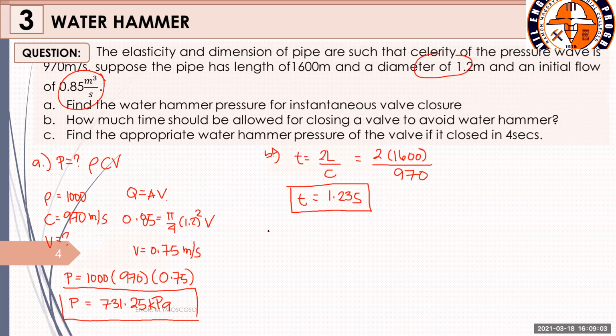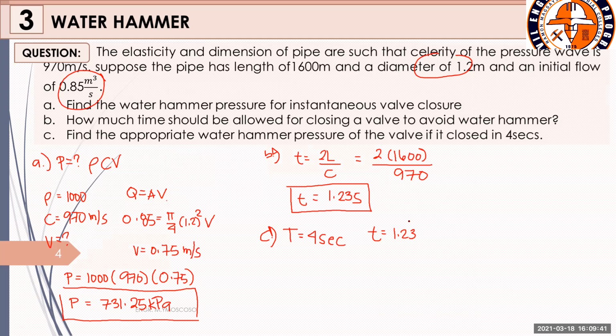Okay, so for letter C, ano meron dito? Find the appropriate water hammer pressure of the valve if it closes in 4 seconds. So nagbigay siya ng condition na yung valve daw niya is nagsarado siya ng 4 seconds. So ibig sabihin, meron siyang time limit na binigay. Yung time natin ay wala tayong water hammer pressure that is in 1.23 seconds. So if that is the case, meron tayong dalawang time na ginamit.